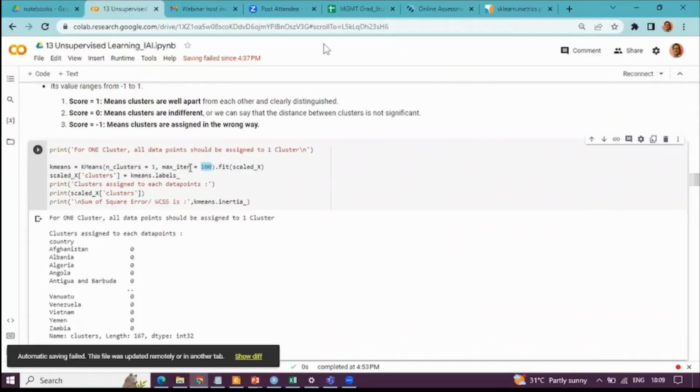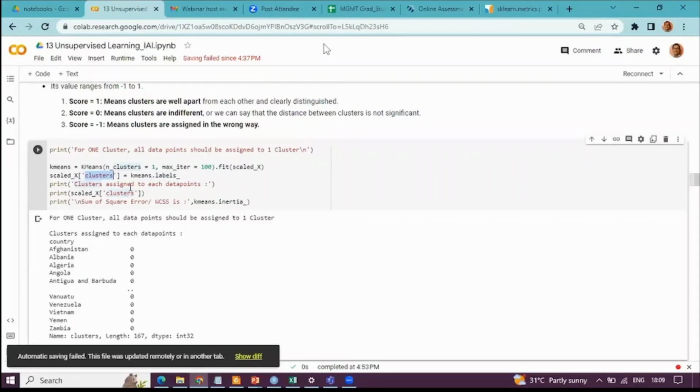So this line will execute the clustering algorithm. Then whatever labels come out of this algorithm, like cluster 0, cluster 1, and so on, you create an extra column called clusters and assign them to that.